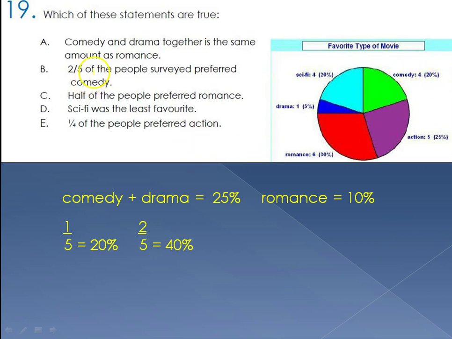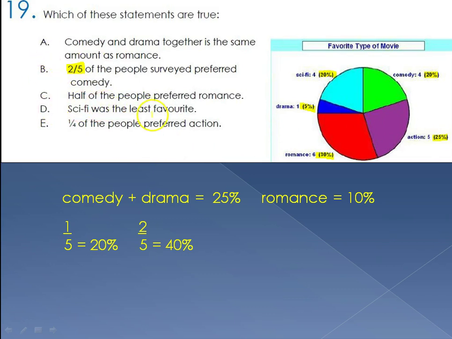Even though it said 2/5, this is where you need to be able to relate back from fractions to decimals to percentages to be able to answer these types of questions. So I have instantly changed 1/5 or 2/5 into percentages because that's what they have here, and it's a lot easier to work out than my answers. So that's not right.